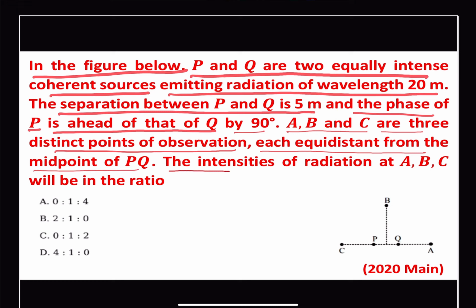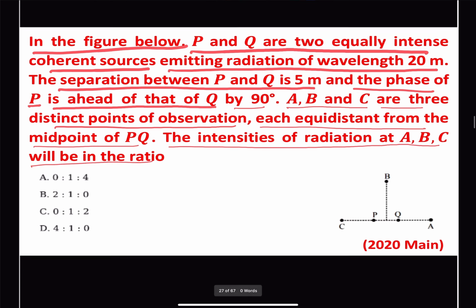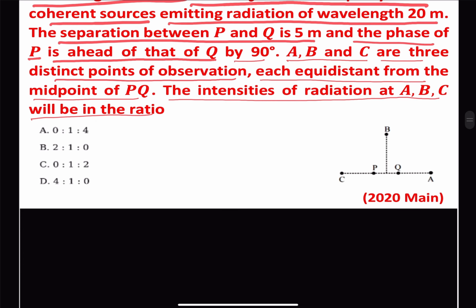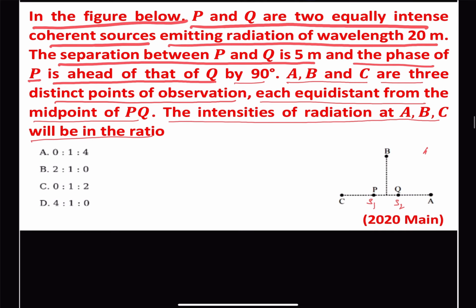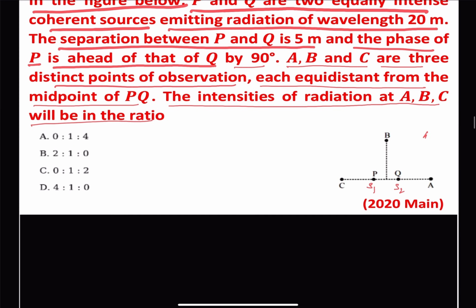The intensities of radiation at A, B, C will be in the ratio. Here we are given the basic figure. So we have two sources. One source is at P, let us call that S1, another one is S2. They are equally intense, with a wavelength of 20 meter. And the distance between P and Q is given as 5 meter, so this is the distance between the slits.